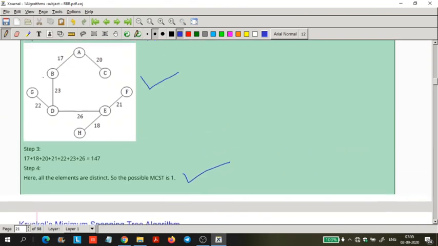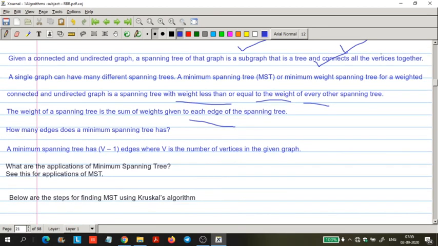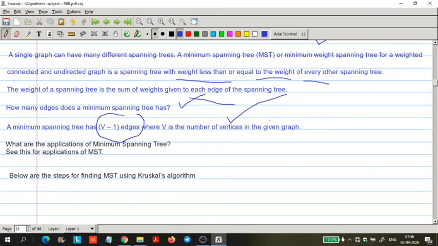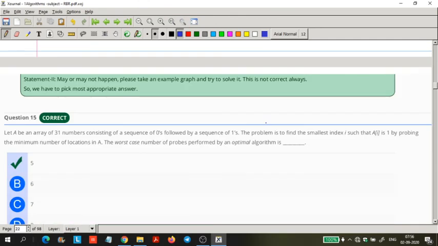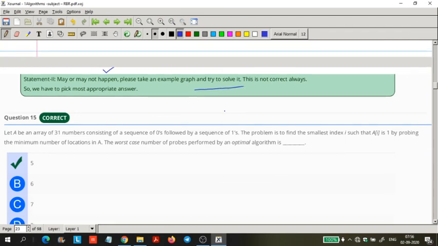The weight of the spanning tree is the sum of the weights given to each edge of the spanning tree. How many edges does the minimum spanning tree have? A minimum spanning tree has V minus 1 edges, where V is the number of vertices in the given graph. So the second statement is not an appropriate answer.